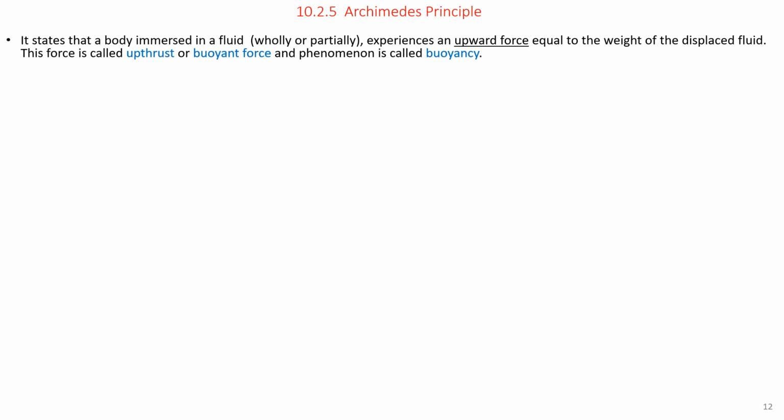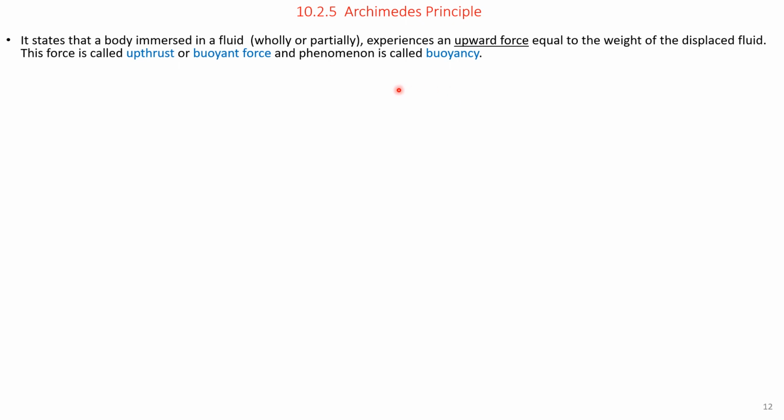The Archimedes principle states that a body immersed in a fluid, either wholly or partially, experiences an upward force equal to the weight of the fluid. This force is called upthrust or buoyant force, and the phenomenon is called buoyancy.